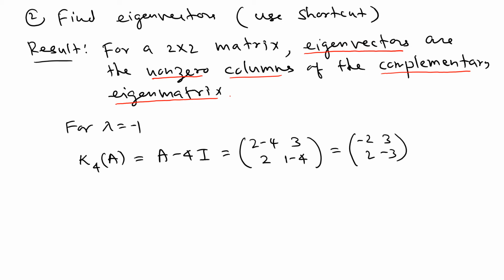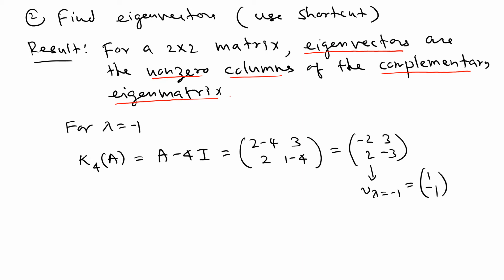If you want, we can scale it. Just pick any column. You can see they are just multiples of each other because those are eigenvectors. So I'm going to pick the first column and then divide by negative 2. That means the eigenvector for lambda equal negative 1 is simply 1, negative 1.